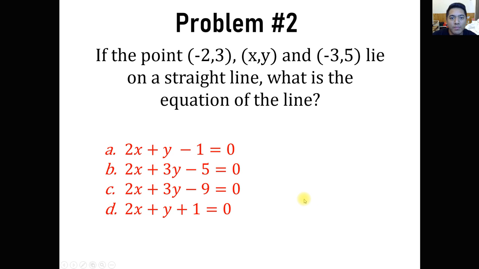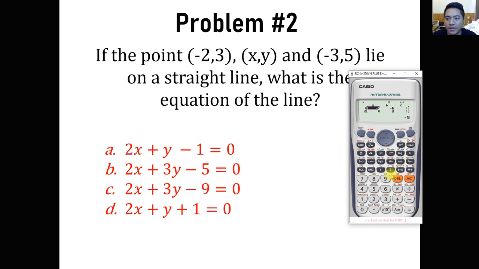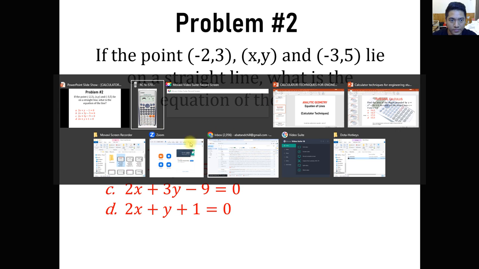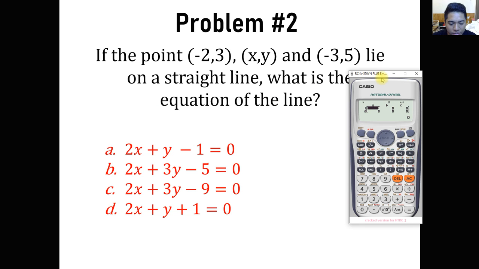Alright, for problem number 2, if the points -2 and 3, x, y, -3 and 5 lie on a straight line, what is the equation of the line? So again, we will be employing the equation mode here. Okay, equations.